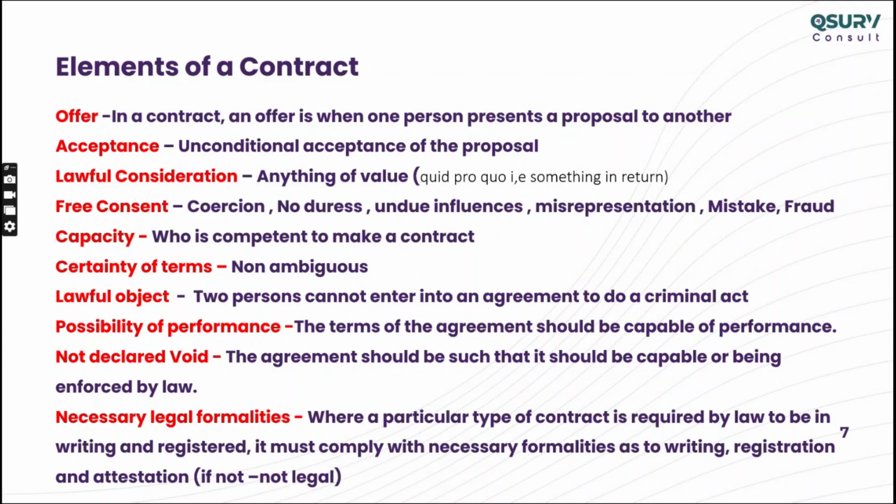So the point is, the offer should be specific, certain and communicated. An ambiguous offer is not an offer. If you're an employer, be very careful. If you're giving an offer to a contractor, it should be very specific.